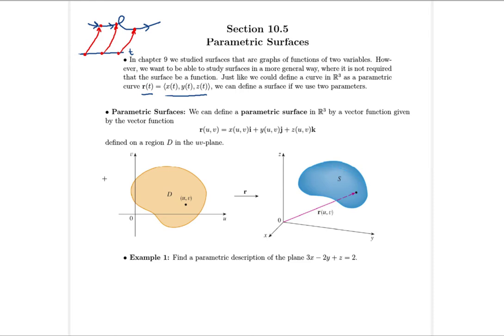But the idea is the same as with the curve that I drew up here. So the idea is we take a particular uv and then we map it to a spot on the surface, all right? And specifically, we're mapping it to a vector, right? But still, the point is this point is associated with this point on the surface.